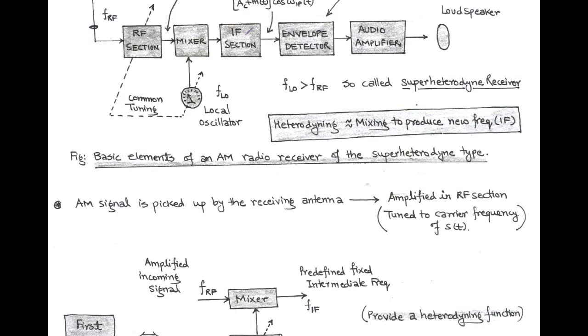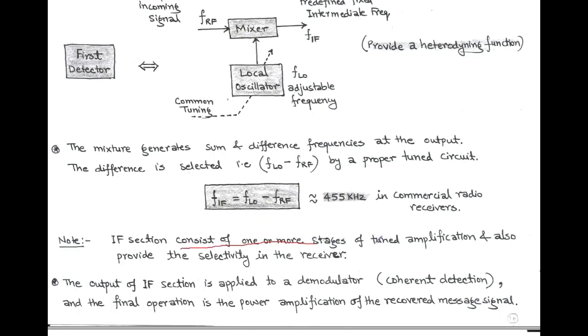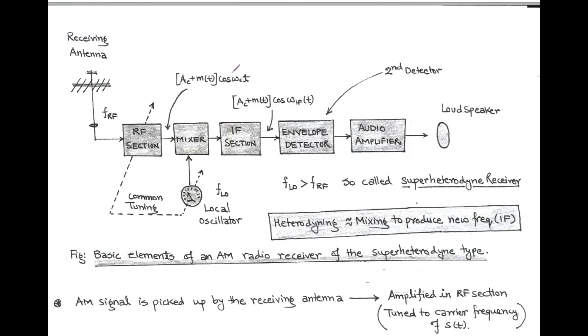Here the IF section consists of one or more stages of tuned amplification and provides the selectivity in the receiver. So the received AM signal with carrier frequency omega c gets converted into the signal with the predefined fixed intermediate frequency omega suffix IF, and it is given as (A_c + m(t)) cos omega_IF t.